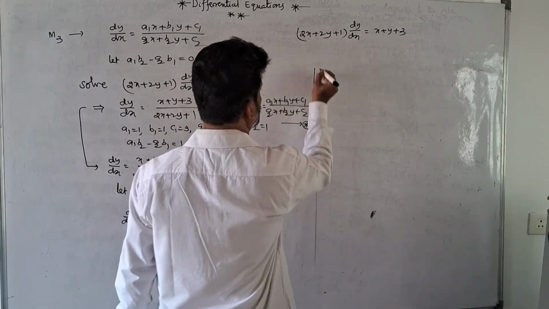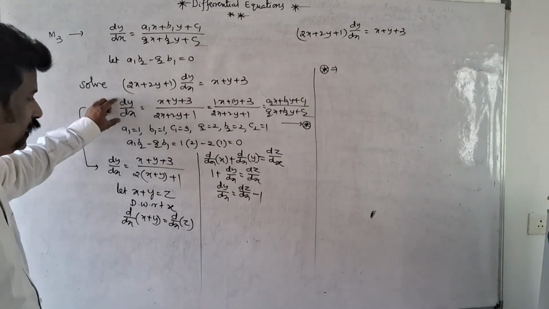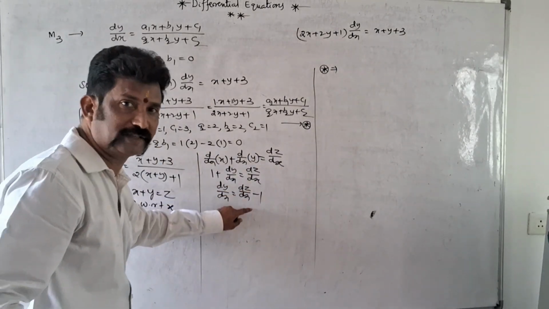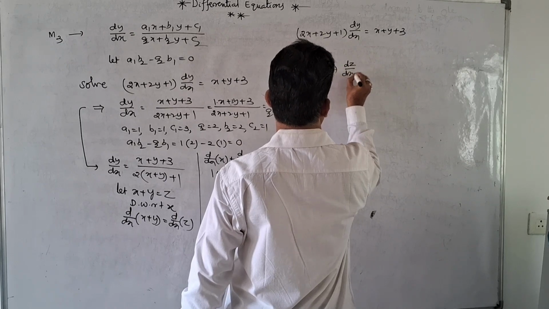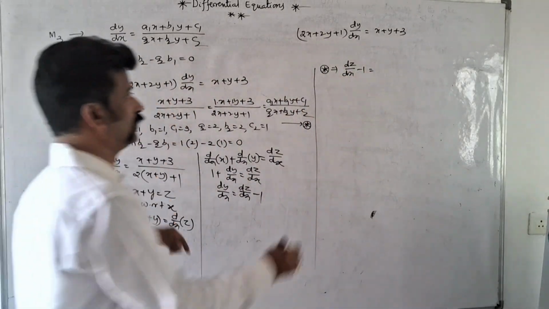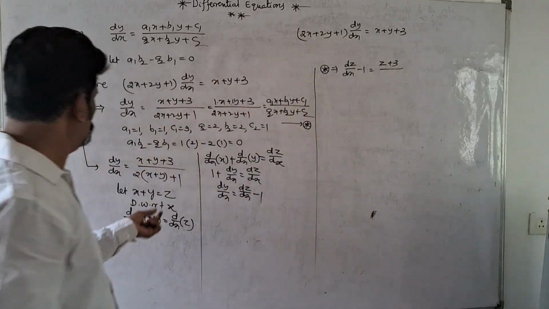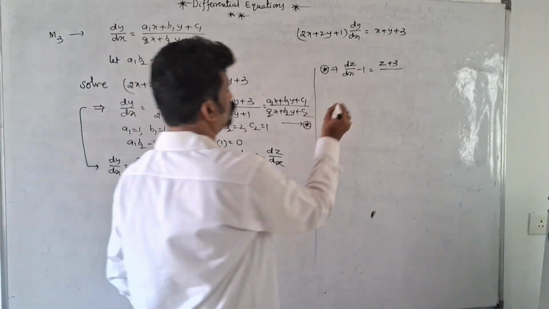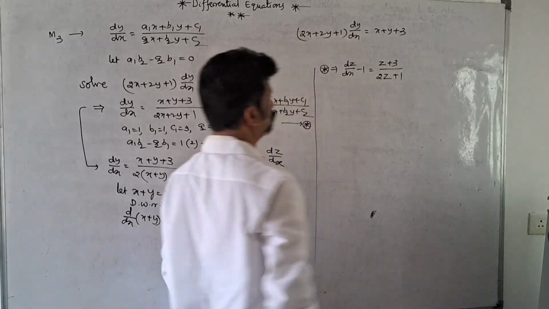Now star implies dy by dx is equal to dz by dx minus 1, which is equal to z plus 3 by 2z plus 1.